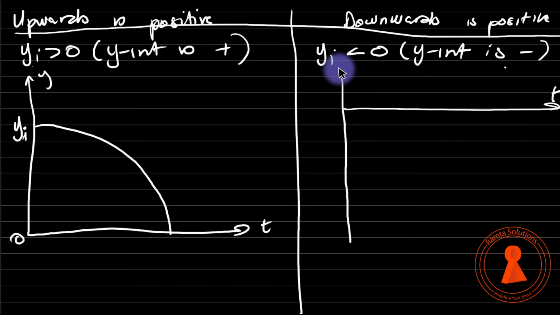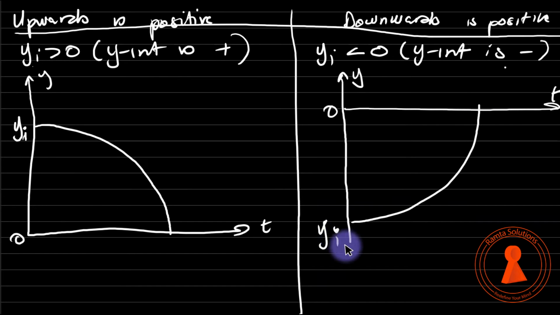T-axis, y-axis 0. So what is this? This is your initial position. What is this? This is the height of the building or the hilltop from the ground. Can you guys see that? This is how they look.